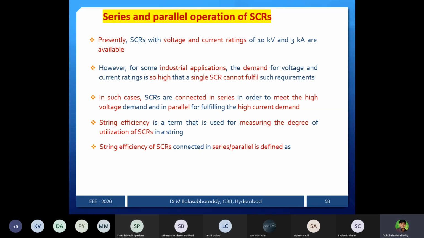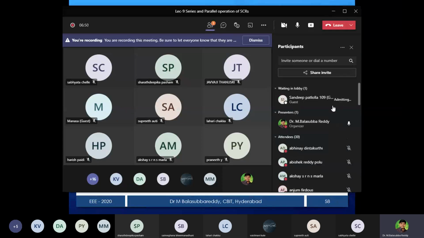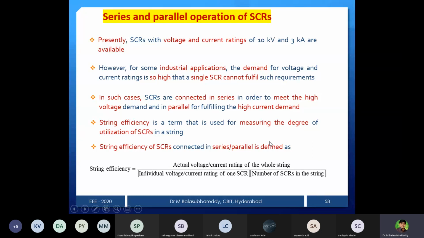Use that formula, either the voltage value or the current value, depending on whether you have a voltage rating or a current rating. And if in any case my voice is not audible, let me know. And we see the formula.